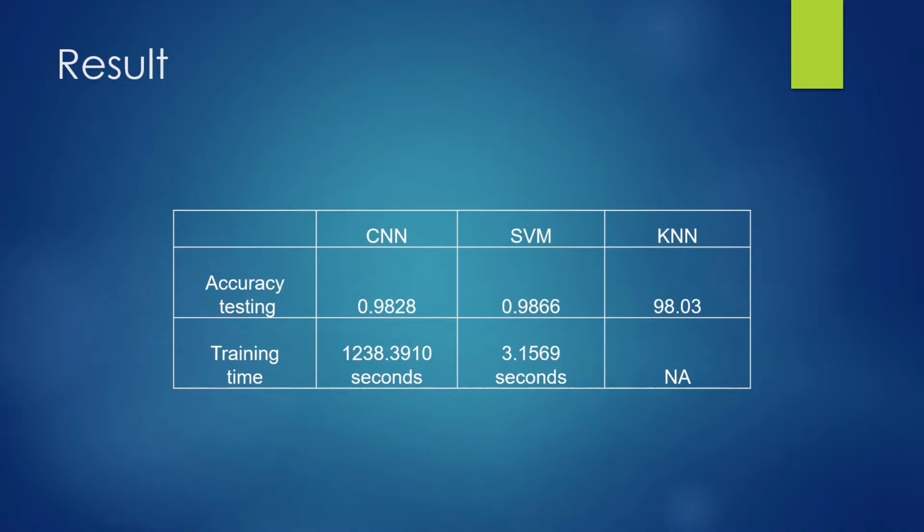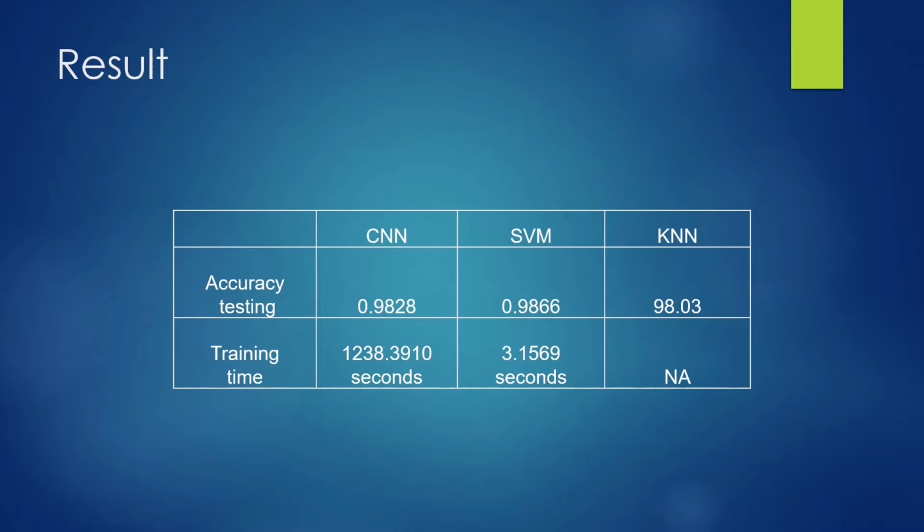The KNN has no training time, but it takes more time to test, or say classify, an object, because all the database is saved in the model, and each time KNN judges an object, it should input the training data, the database.